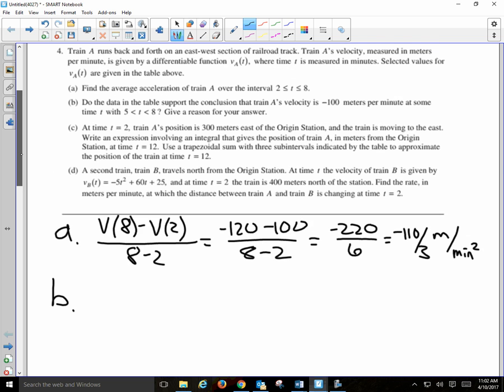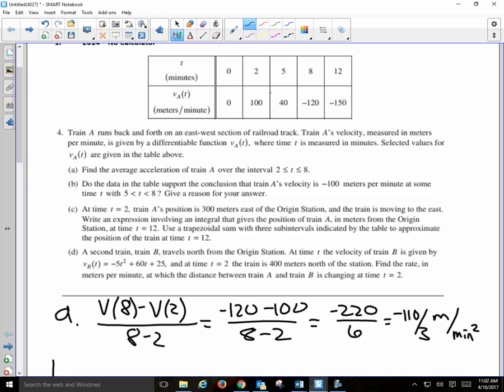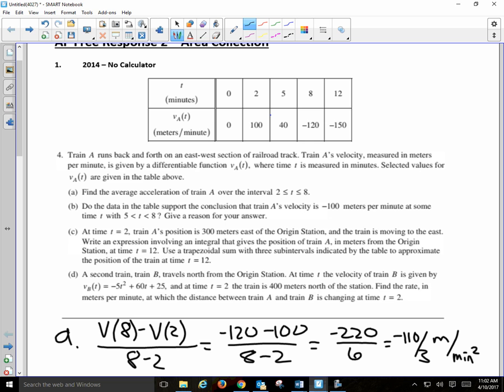Let's look at B. B says, do the data in the table support the conclusion that train A's velocity is negative 100 meters per minute at some time between 5 and 8? So from here to here, does it have to have a velocity of negative 100 at some point? Why? Okay, we're saying some really good things there.